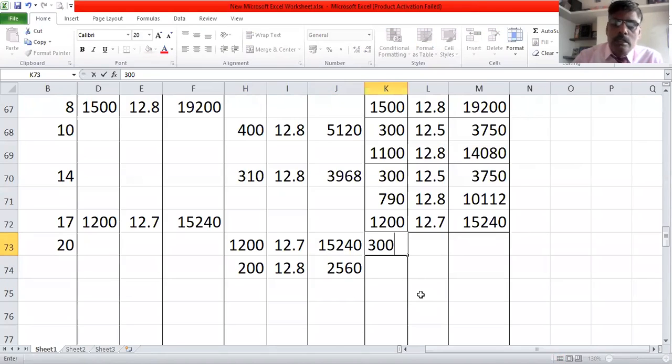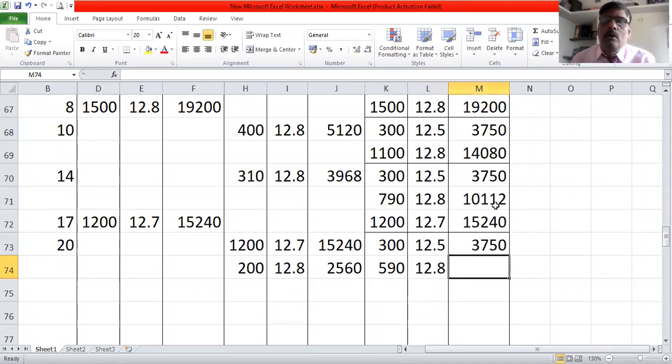Now balance is 300 at the rate of 12.5, amount 3,750, and the next lot balance is 590, out of 790 with 200 issued, at the rate of 12.80. 12.80 into 590 is equal to 7,552. You check it.